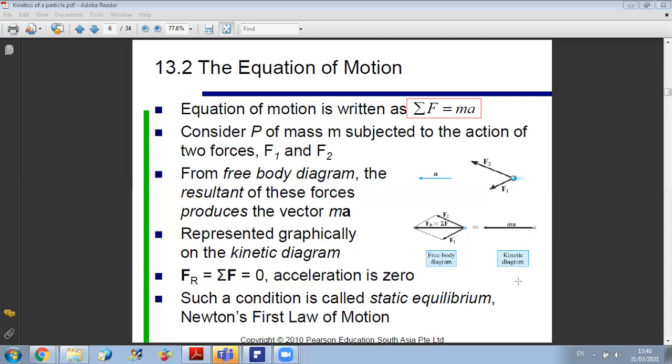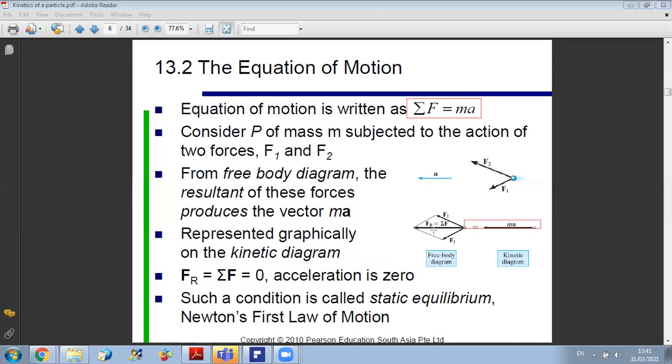So if in a problem they tell you to draw the free body diagram and the kinetic diagram, the free body diagram will represent all forces acting on the particle, all external forces. The kinetic diagram will just represent ma, which is the resultant force, the sum of forces. Now, of course, in case the sum of forces is equal to 0, then you are in equilibrium.